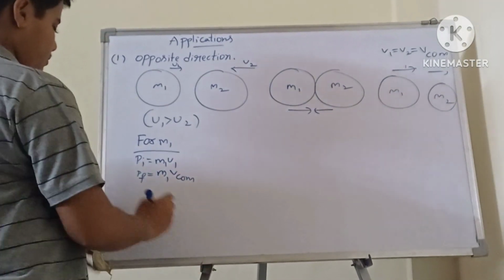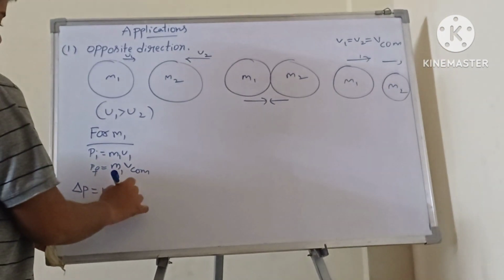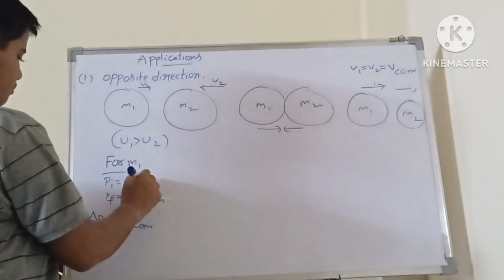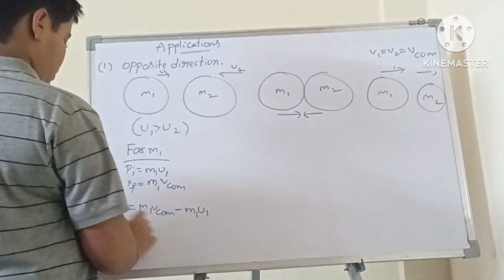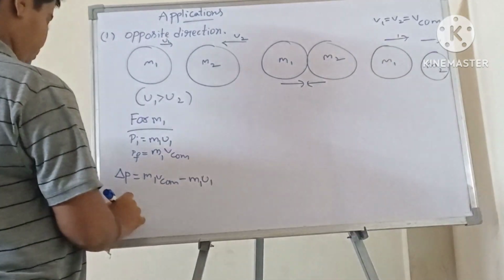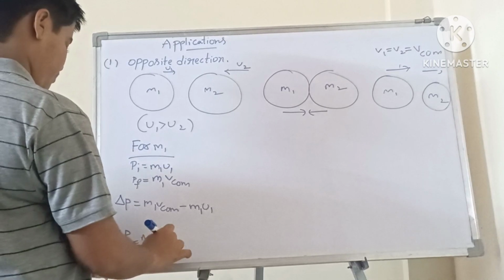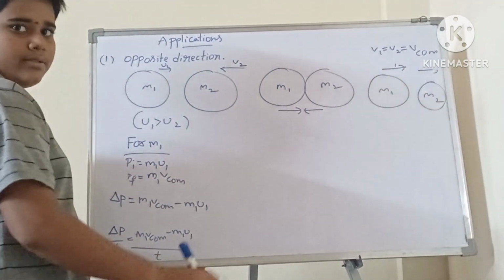Okay, so change in momentum is m1 vcom minus m1 u1. If we divide by t, this is m1 vcom minus m1 u1 by t. This is also a force.